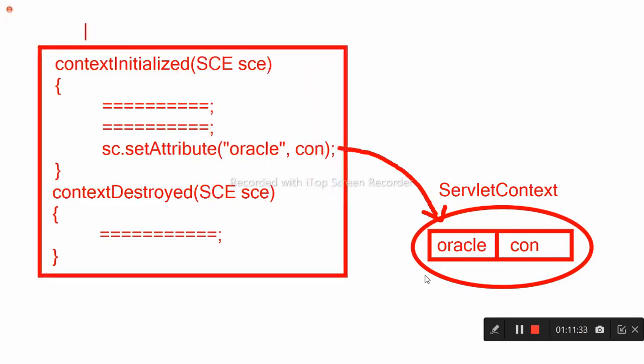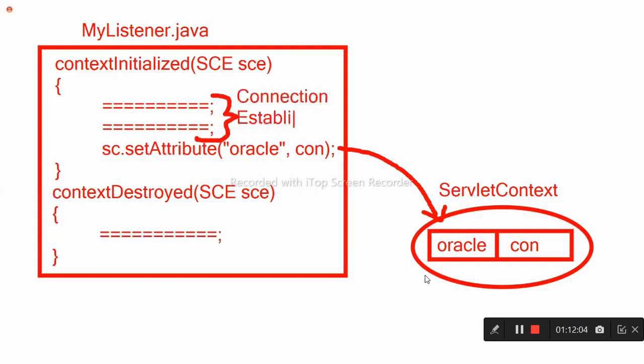Now for contextDestroyed, this code I'll write in one class, suppose MyListener.java. It is a listener class that implements ServletContextListener. That interface I'll implement and override these two methods. Now I'll deploy this application. When I deploy, this method is executed, and the connection establishment code runs. Here is the connection close code.